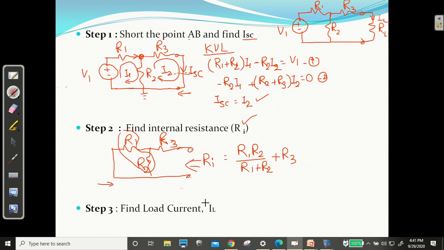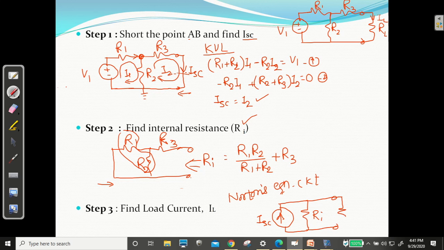Clear? So we can draw the Norton's equivalent circuit. What is a Norton's equivalent circuit? This is ISC, which we calculated in the first step. RI in parallel, and here between A and B we will connect the RL.